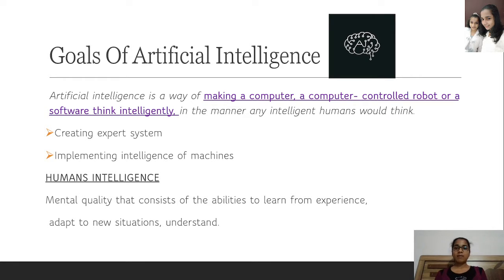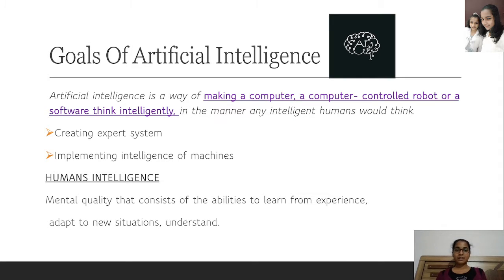It means developing the system which can explain, learn, demonstrate, and give information to the user. And the second is implementing intelligence of machines, which means developing software which can think, learn, analyze, solve, and behave like human beings, and even learn new things and provide the user with new information.